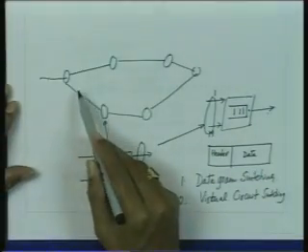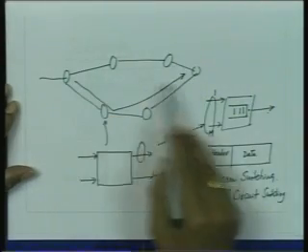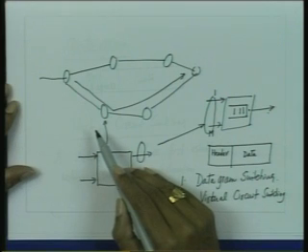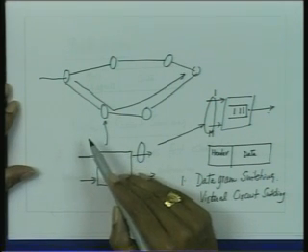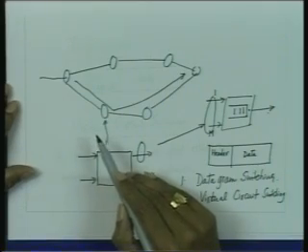And if any of these time slots are occupied, or in other words, if the bandwidth cannot be allocated, then the call is blocked. On the other hand, in virtual circuit packet switching, we need to set up a virtual circuit quite similar to circuit switching between the source and the destination, but the bandwidth may not be allotted to the circuit in any fixed manner.